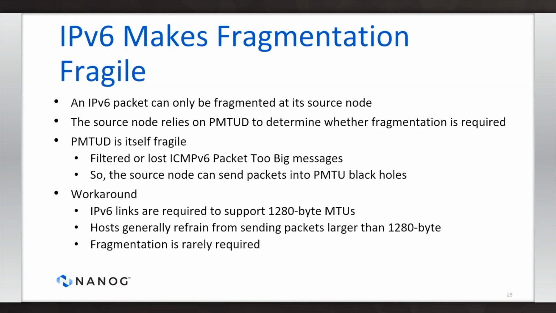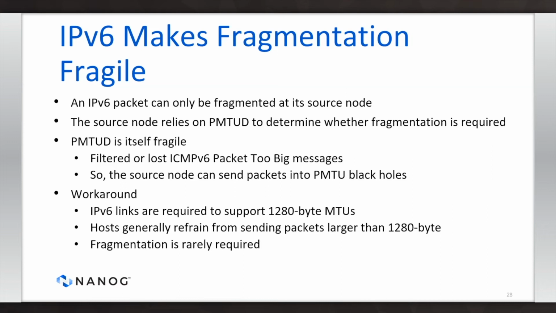Well, in IPv6, only the source node can fragment the packet. The source node relies on PMTUD to determine whether fragmentation is required. PMTUD tells the source node what the path MTU is. Well, PMTUD is itself a little fragile.